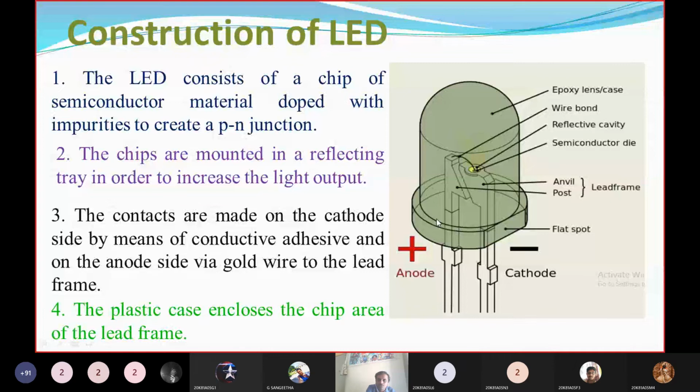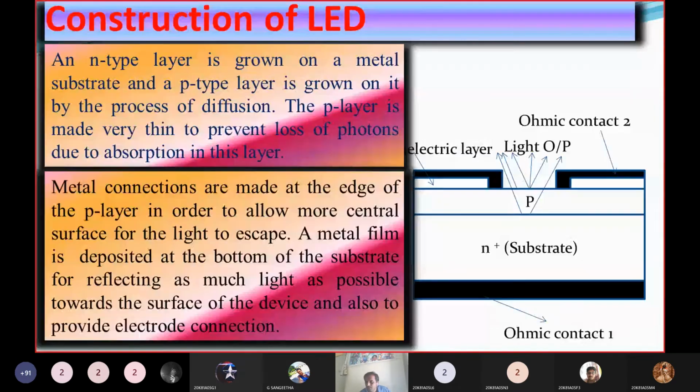This is the construction of the LED. See here, this is the construction of the PN junction diode, so this is the total construction of the LED. Now coming to the working principle of the LED, how it works, we will discuss now.